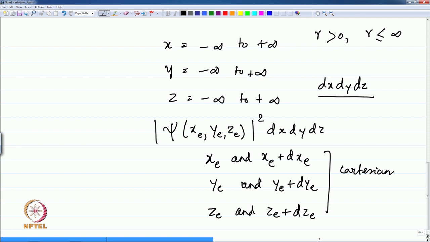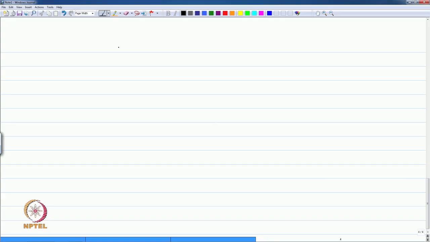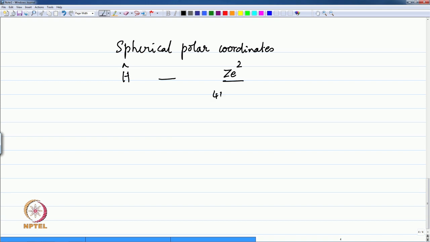Instead of Cartesian coordinates, in the case of hydrogen atom, one uses spherical polar coordinates. And the reason for that is that if you look at the hydrogen atom, the potential energy is spherically symmetric.